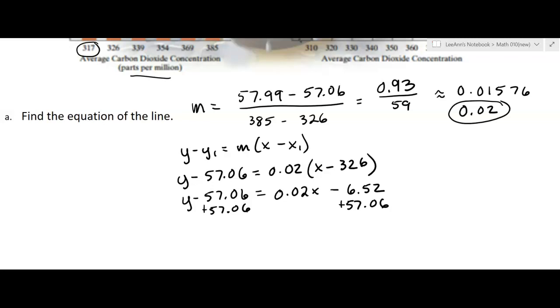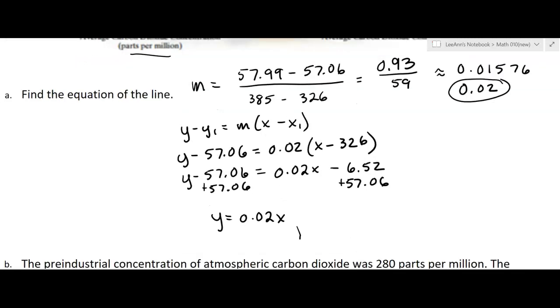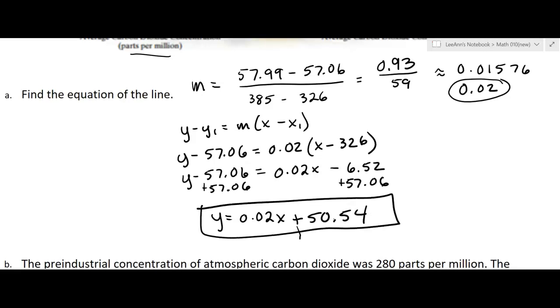Let's see if I'm leaving something out. Okay, and I get y equals 0.02x, and then I'm going to have 57.06 minus 6.52, and I have 50, whoops, plus 50.54. And so then that would be the equation for the line, okay?